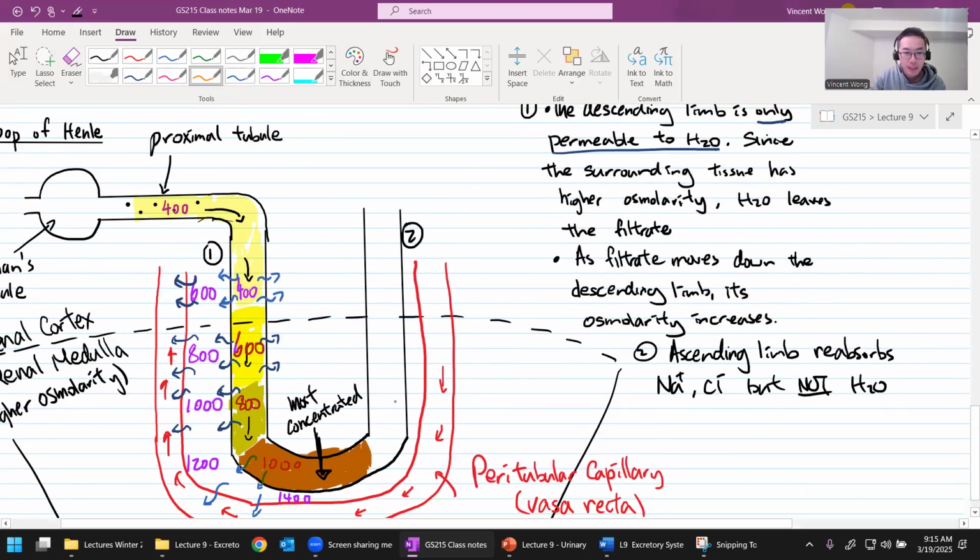So over here, you're going to be taking back Na and Cl as we go up. And of course, it's going to go back to the blood. So when we absorb the NaCl, we are diluting the filtrate. It's going to be like 800, 600, 400, and eventually the concentration didn't really change, but we have taken back both water and NaCl.